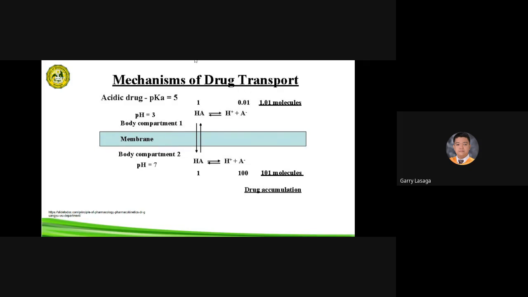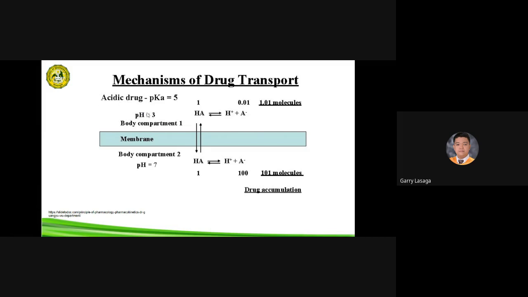So when we are going to change the pH of the environment, that will also change the proportion of the ionized form of the drug relative to the unionized form. It could either increase or decrease the percent ionization depending on the change in the environment.